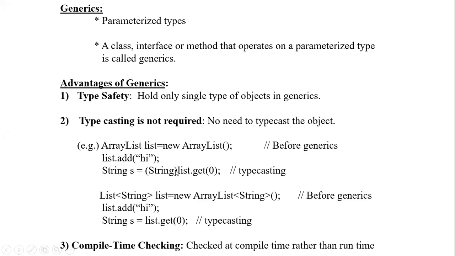So I have written this explicit string conversion, and then the string is assigned to this particular s. The same thing can be achieved by including generics. When I say String, obviously input will be taken as a string. Then while retrieving, there is no need to explicitly perform this type conversion. I can directly write list.get(0).